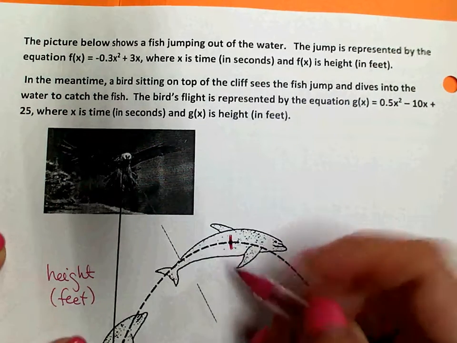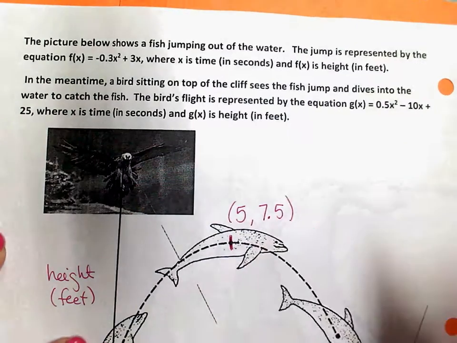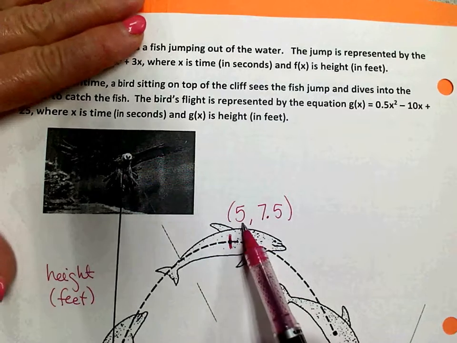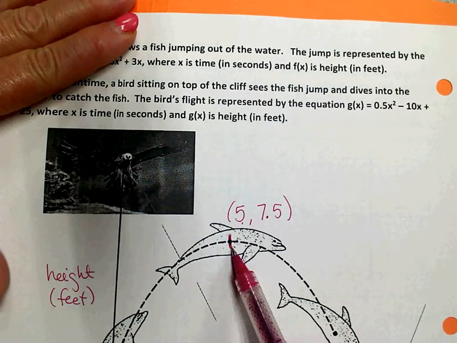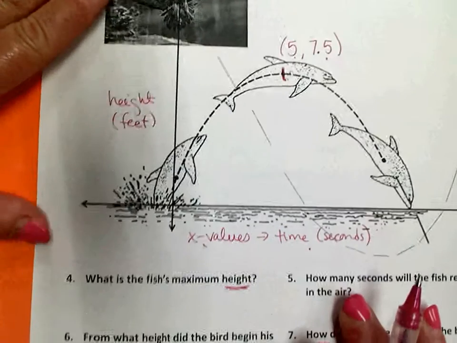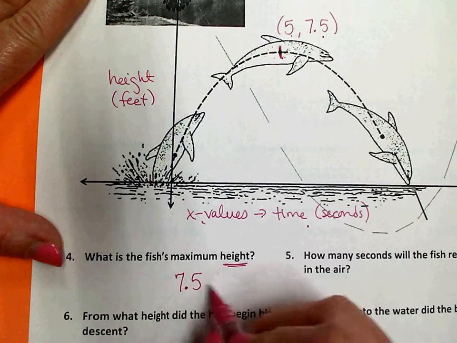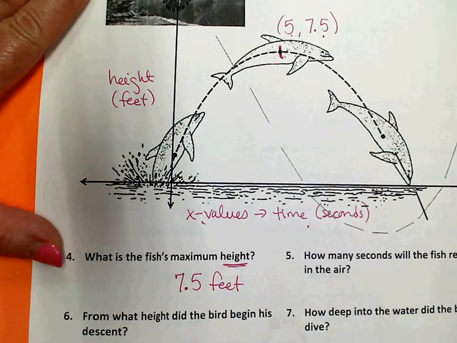So I know this ordered pair is 5, 7.5, meaning in 5 seconds the fish was at its maximum height of 7.5 feet. So the question is, what's the fish's maximum height? 7.5 feet is the highest that the fish reached.